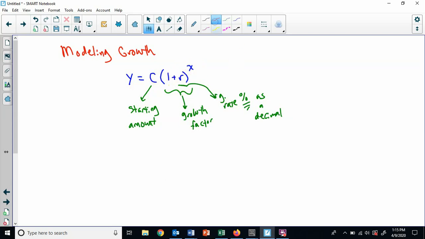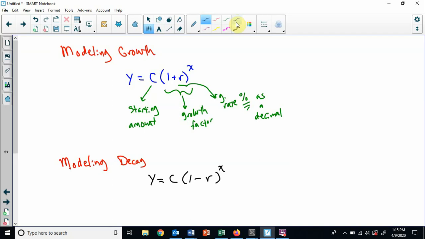We can also model decay with a very, very similar formula. The only difference in modeling decay versus modeling growth, you still got the starting amount, you still have 1, you still have R, you still have X, but instead of adding the growth rate, we're subtracting it because it's the decay rate, and this is the decay factor.